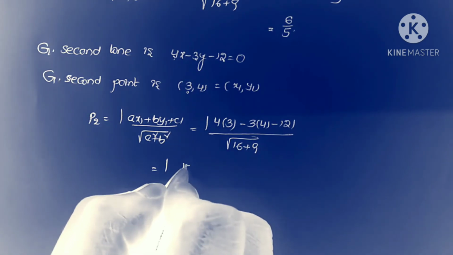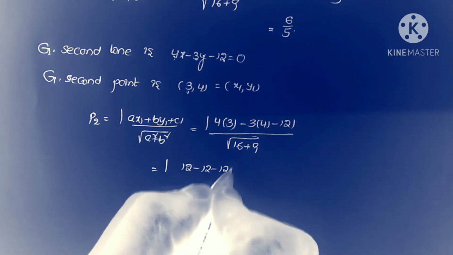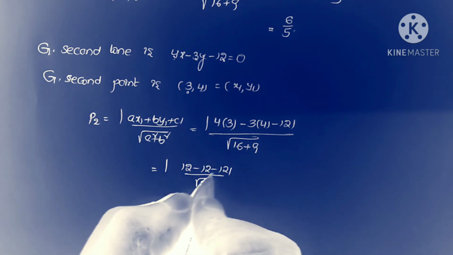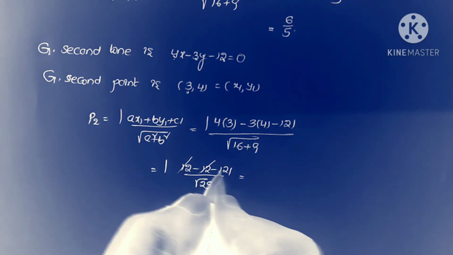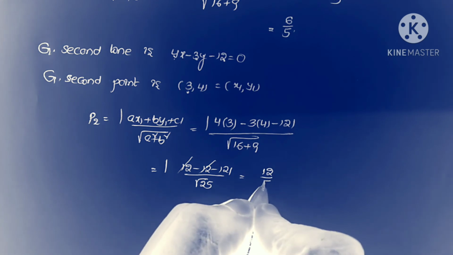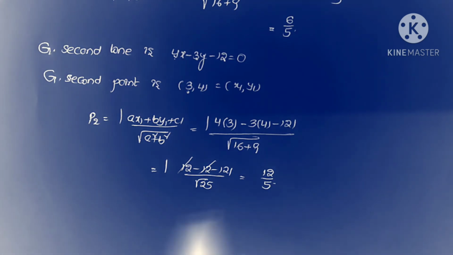Now this is 12 minus 12 minus 12 by root 25. Under modulus this minus becomes plus, that is 12 by 5. So P2 is equal to 12/5.